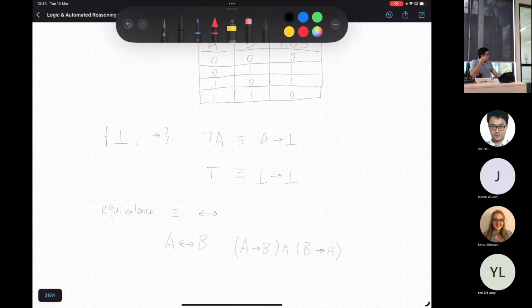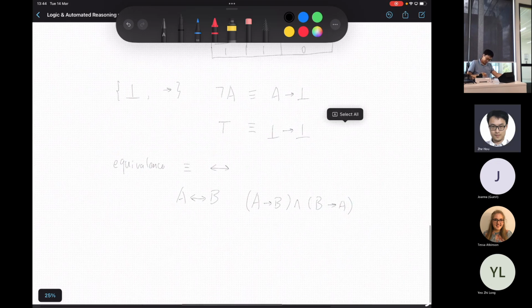Now, speaking of equivalence, there's another word that is really similar, but it's different. Same but different.